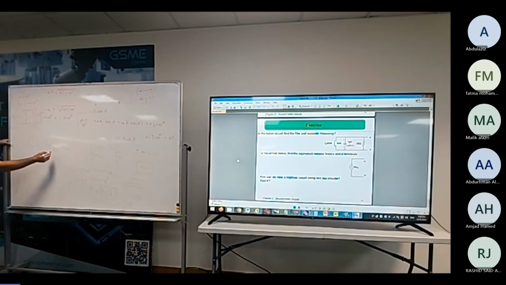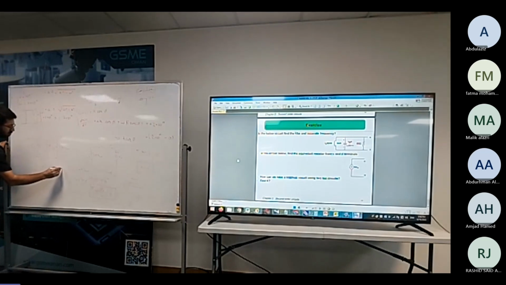What is the equivalent resistance of this dependent source? 1 over K. So 1 over K should be equal to R. How much is R? 50. So K should be 1 over 50.